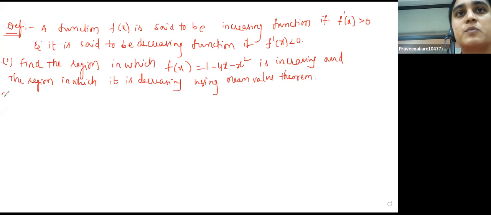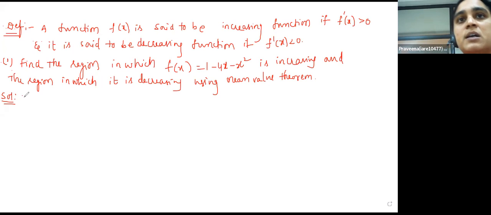So this is the question. Given one function f of x is 1 minus 4x minus x square. Find out the increasing region. Region means interval. And where it is decreasing, you can find that decreasing region. That is an interval, where it exists, and then you can find the increasing and decreasing function interval values.